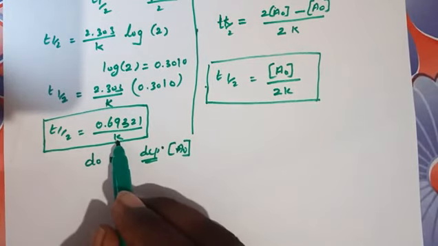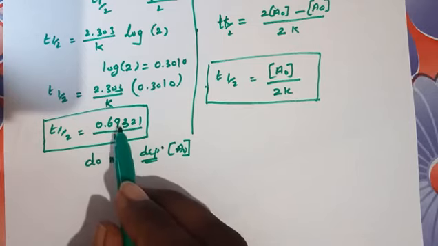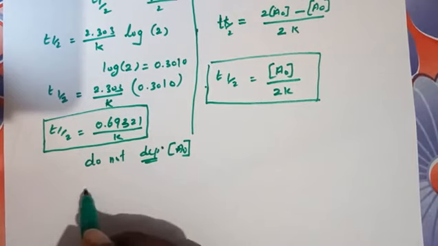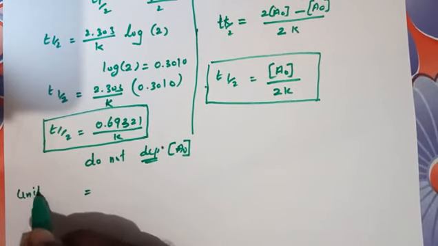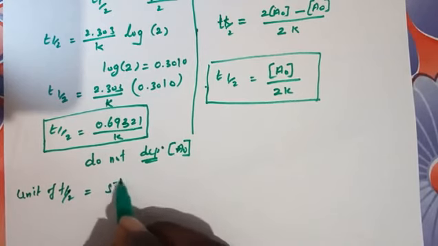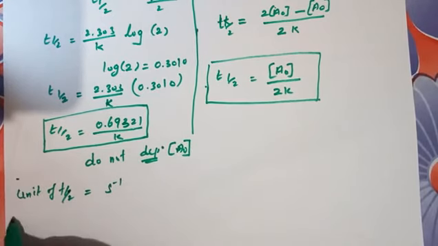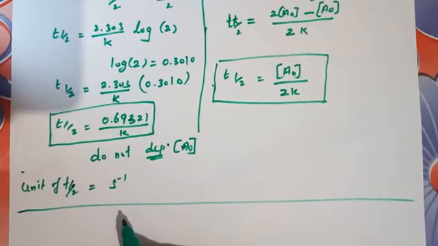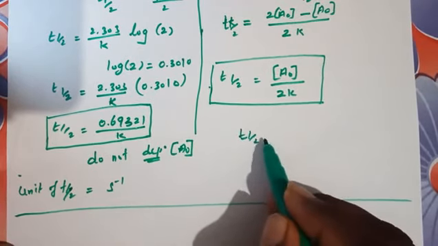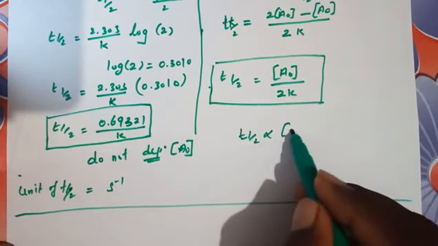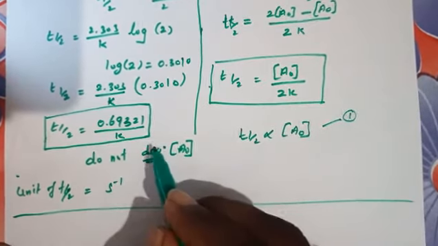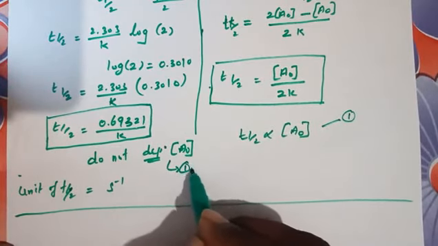Here only k is present, so the unit for a first order reaction is nothing but second inverse. For a zeroth order reaction, t half is directly proportional to the initial concentration of the reactant. This is one more question. This is also one more question.